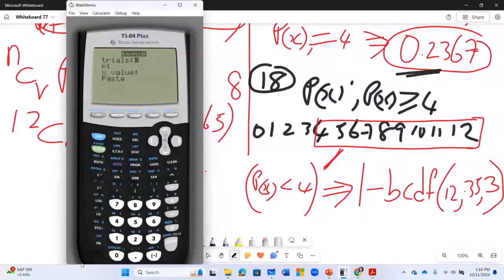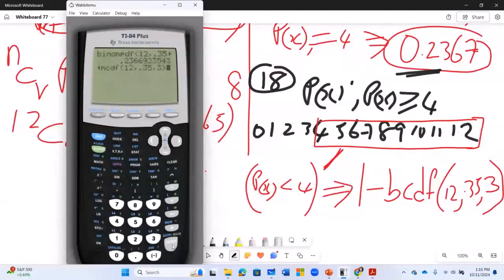I'm given that there are 12 of them. What is the probability of success? 0.35. What is the value of X? The value I'm told to find is the number less than 4, because I'm cumulating down. So it's got to be 3. And then I'm going to paste. I hope you know why 4 should not be there: if you cumulate from 4, then you change the question.